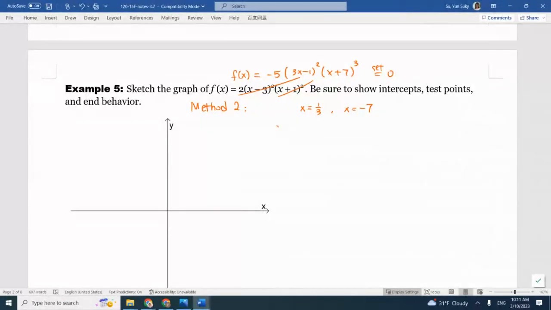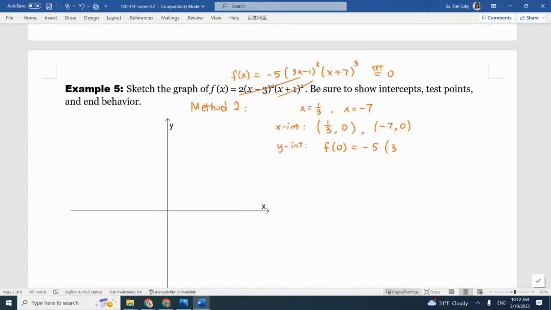So what are the x-intercepts? Well, we have the x-coordinate and the y-coordinate is 0. Okay? That is the x-intercept. And then the y-intercept is you plug in x is 0 in the formula. So we plug in x is 0. You see? -5 stays here.